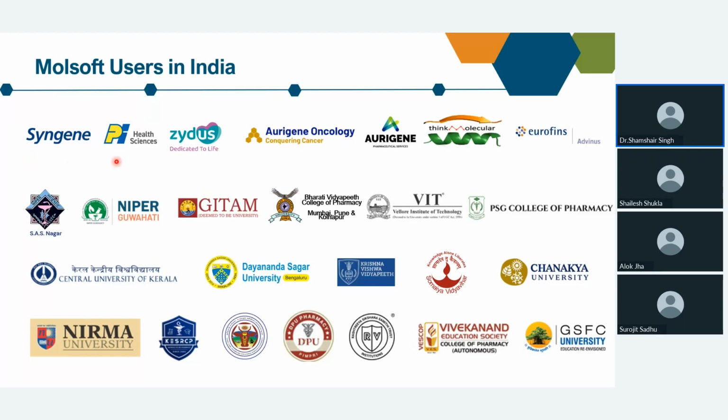And we have other very good companies like PI Health Sciences, Zydus, Origin Oncology, Origin Pharma, and others. From the academic side, NIPER Mohali, NIPER Guwahati, GITAM, VIT Vellore Institute of Technology, PSG, Central University of Kerala, NIRMA, and GSFC, and many more. So these are the Molsoft users in India.